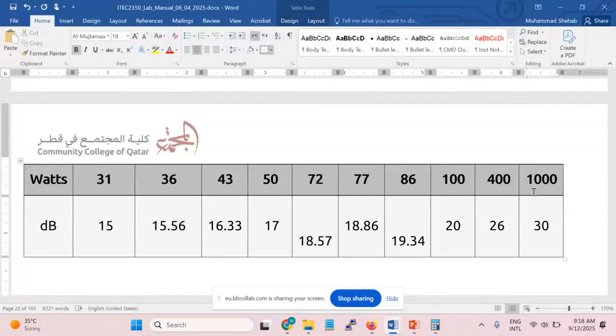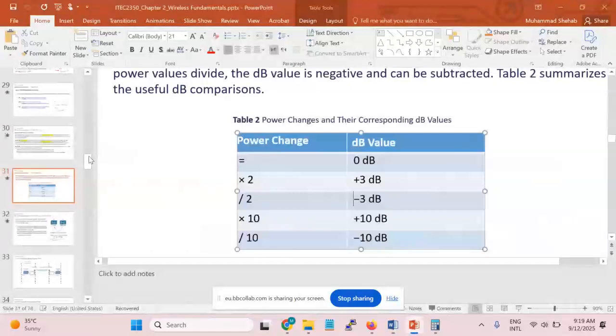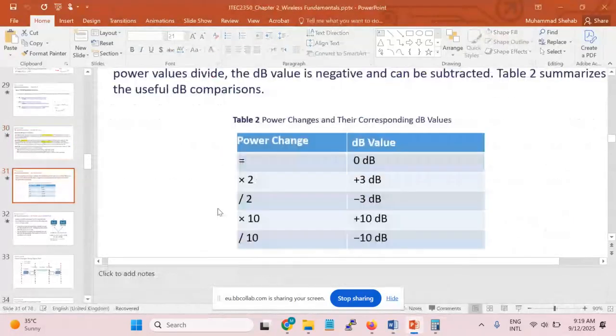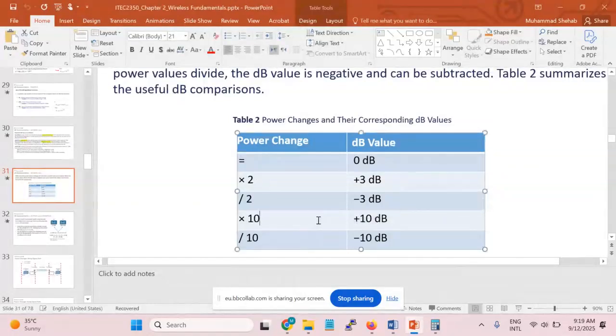So here I increased 10 in dB, from 20 to 30. How much did I increase? 10, which means I multiply by 10 here, based on the law of tens. If you add 10 in dB, you multiply by 10 in watt.